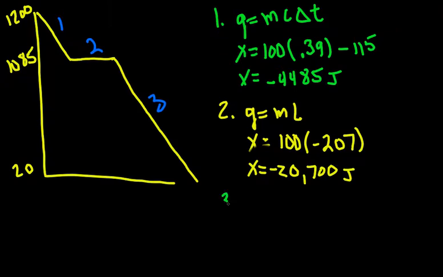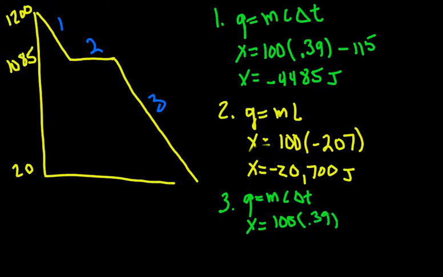So our last segment is a decline, so that's going to be specific heat. So Q is going to be X again. My mass is still 100. My specific heat for copper, it didn't mention whether or not liquid and solid copper have a different specific heat, so we're going to assume that is the same at 0.39.